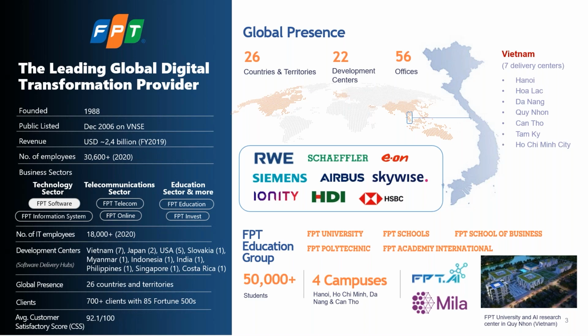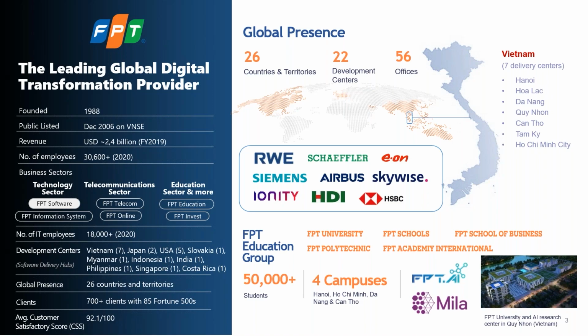And we serve a number of different customers from various domains, whether it is utility, automotive, healthcare, you name it. What is really unique about FPT Software is that we also have our, let's say, education group. What that means is that we have our own university, where we have around 50,000 students enrolled over 4 campuses.